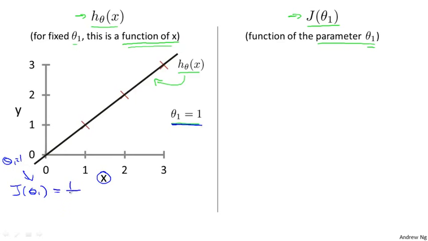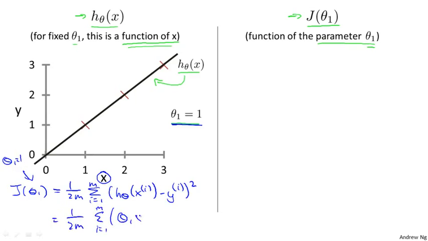Well, as usual, my cost function is defined as follows: sum over my training set of this usual squared error term, which is the sum of (theta 1 times xi minus yi) squared. And if you simplify, this turns out to be 0 squared plus 0 squared plus 0 squared, which is, of course, just equal to 0.